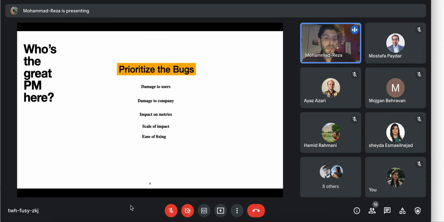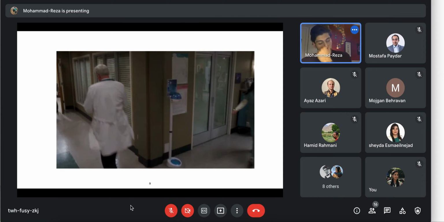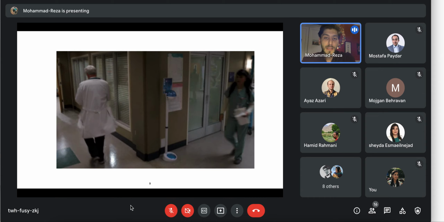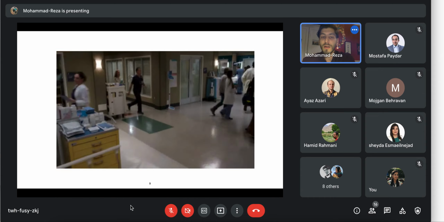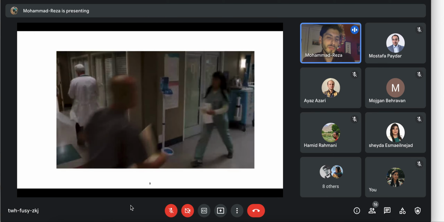And for example, ease of fixing, how much time it takes to fix the problem and the bug. Finally, this process of prioritizing is called triage, bug triage.